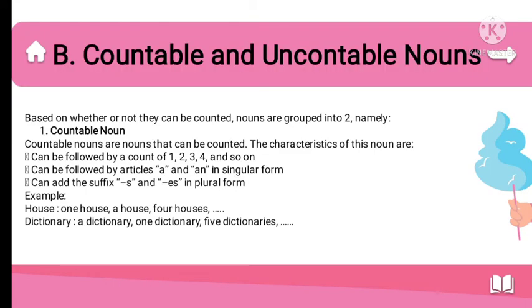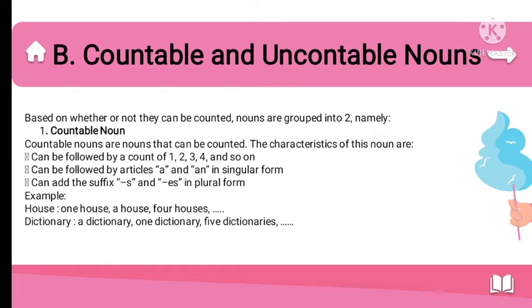Point B is about countable and uncountable nouns, decided on whether or not they can be counted. Nouns are grouped into two, namely, number 1, countable noun. Countable nouns are nouns that can be counted.